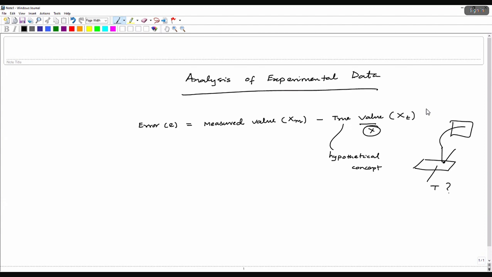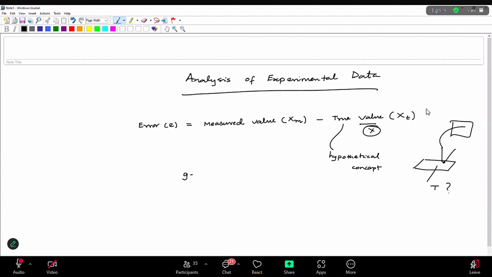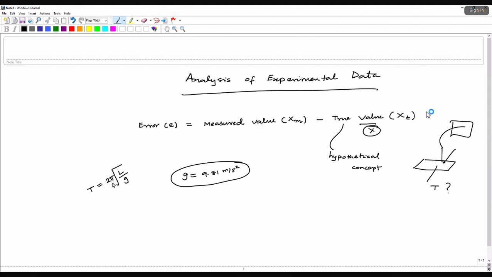Let's say you want to do an experiment to evaluate the value of acceleration due to gravity, which you already know, 9.81 meter per second square. In high school, you would have done the simple pendulum experiment where you measure the time period and you know the length of the string. From there, you predict or measure the value of g.